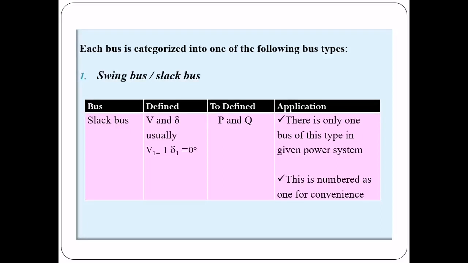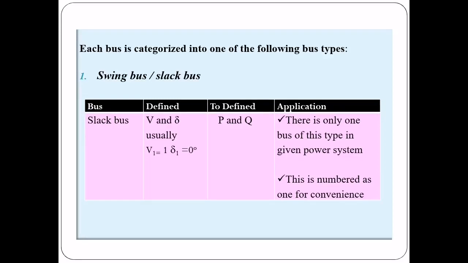So V, delta, P, Q are the total quantities, out of which if V and delta, that means the magnitude of voltage and delta, are given, that is called the slack bus. And if V and delta are given, what are the unknowns? The unknowns are P and Q. In this slack bus, normally V is given as 1 per unit, and delta corresponding to that V is 0.